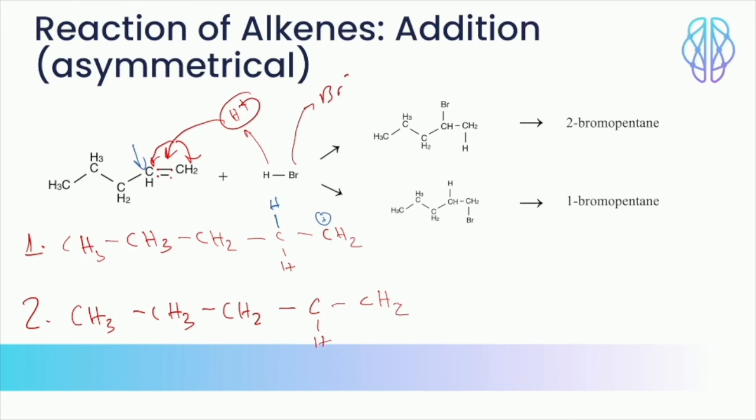The opposite happens if it attacks the other carbon. If the hydrogen attaches here, the other carbon will become a carbocation because the electrons we used to make the double bond are now used to make a new carbon-hydrogen bond, which leaves the other carbon with a positive charge.